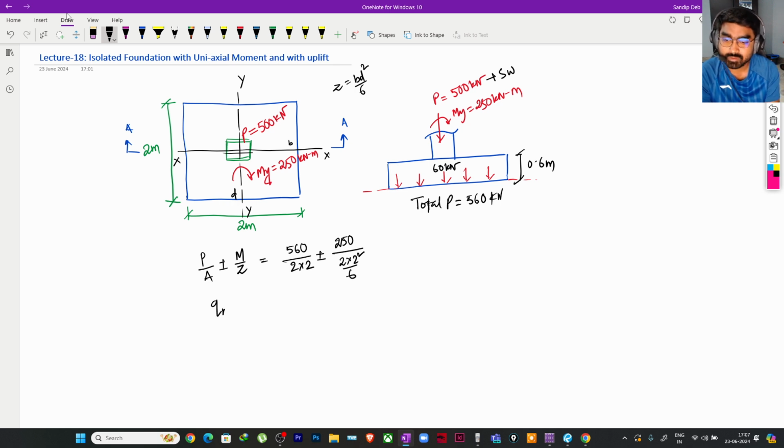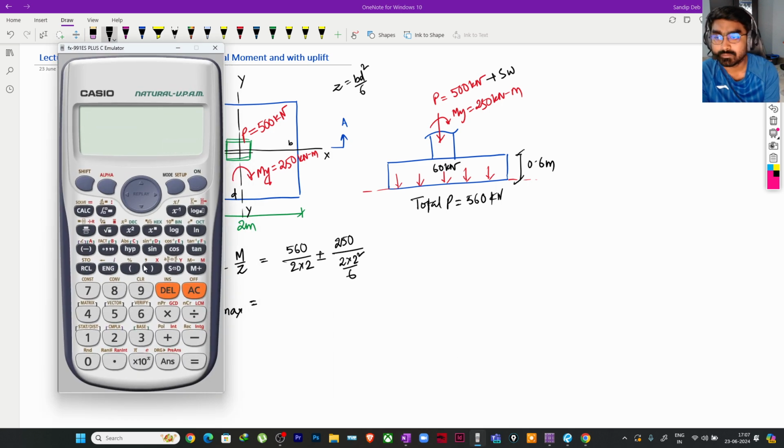If I just find out the Q max, let us do the calculation here. Q max is equal to 560 divided by 2 multiplied by 2 plus 250 divided by 2 multiplied by 2 square by 6.